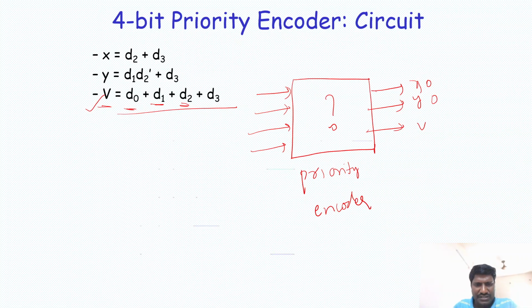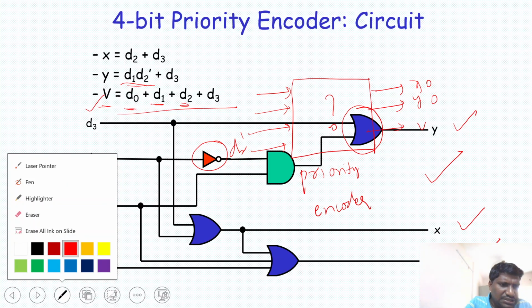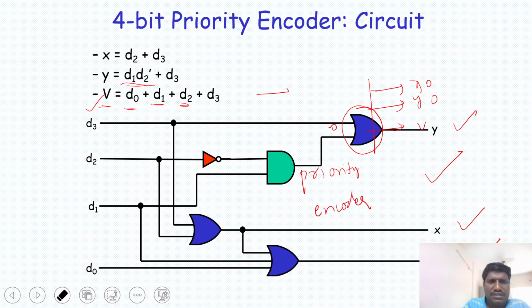This is the hardware. This is D2 plus D3. D2 bar, this is D2 bar AND D1 plus D3 will give you Y. So we will get Y, we will get X, we will get V. So this is the hardware that is there in the priority encoder.